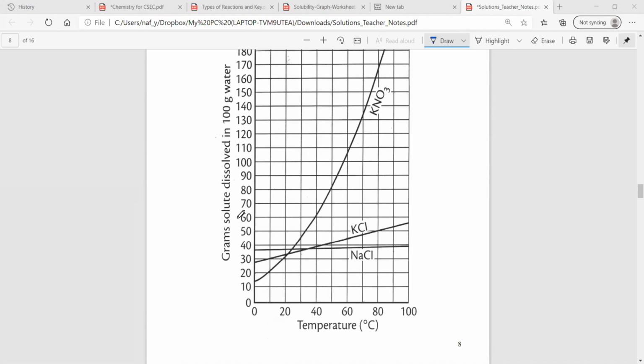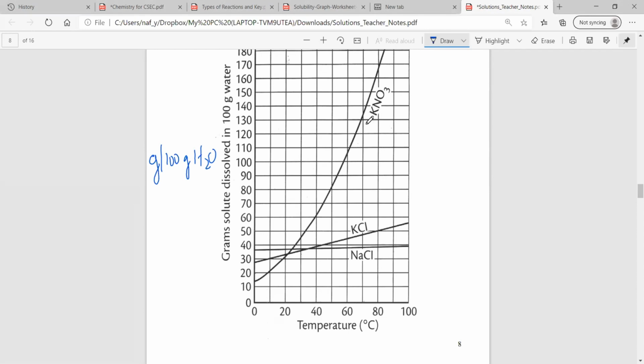Now, solubility is expressed in grams per 100 grams water. So the grams here would be the amount of salt that dissolved in 100 grams of water.